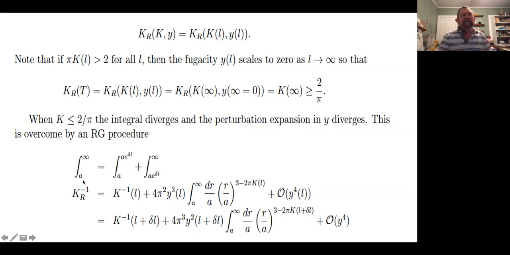And so we rewrite this integral as an integral from the original microscopic cutoff A to the new microscopic cutoff, plus an integral from the new microscopic cutoff to infinity. This is exactly equivalent to the renormalization group equations which I wrote down before.